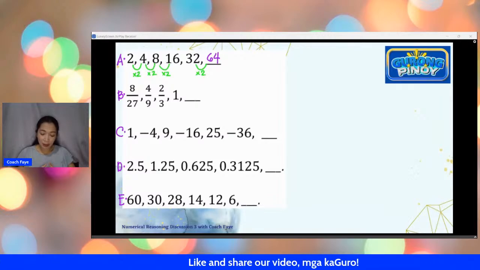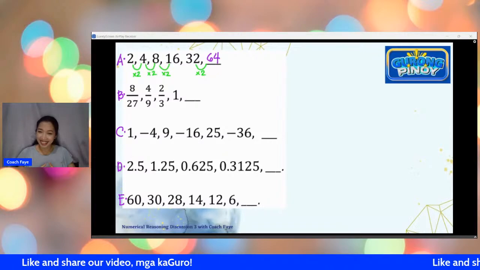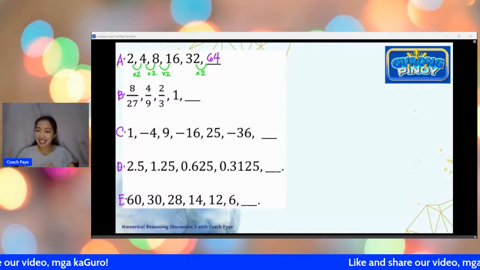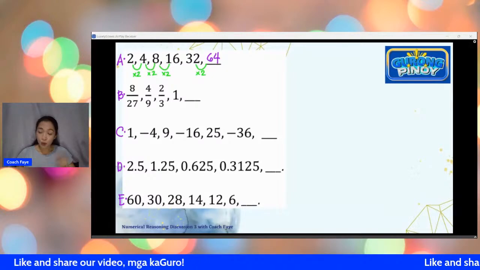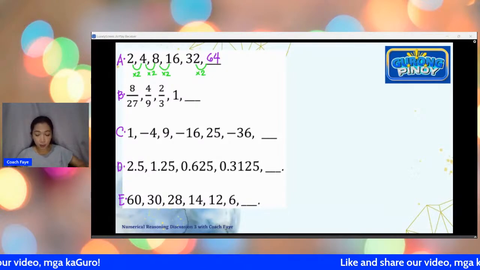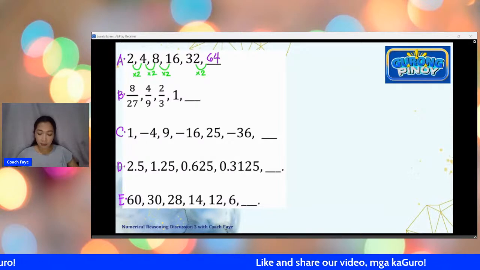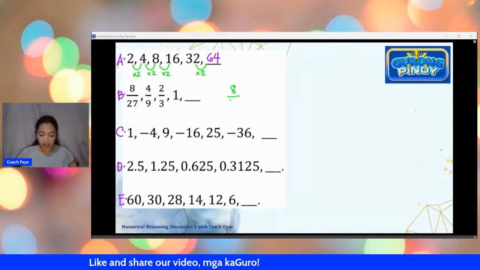Yung letter B po kasi, ano po yung pattern na nakikita niyo dito sa letter B? I'm seeing a lot of correct answers actually. Ano po? So, what's happening here is, I'll just put this on the right side, para makita po natin na maayos. So, you have 8 over 27.